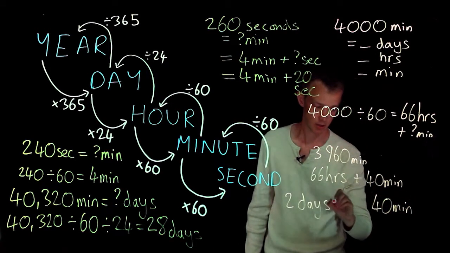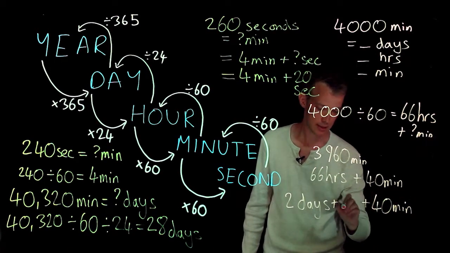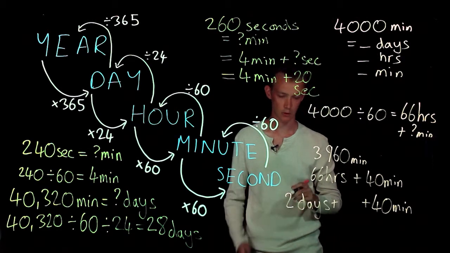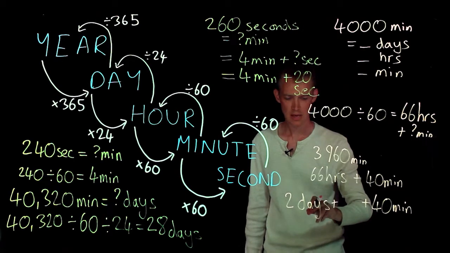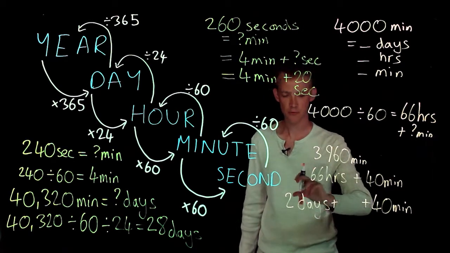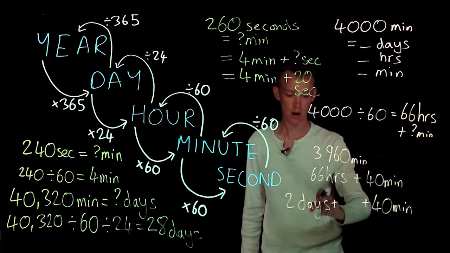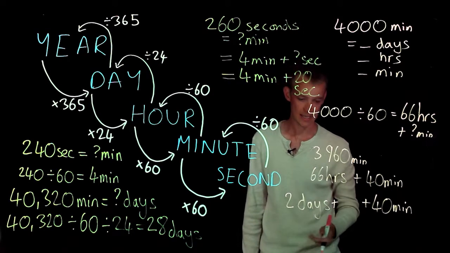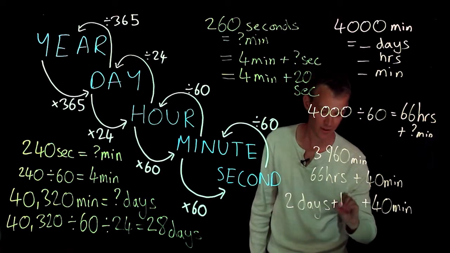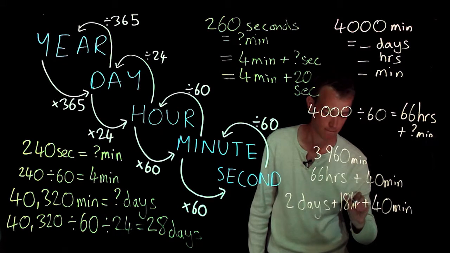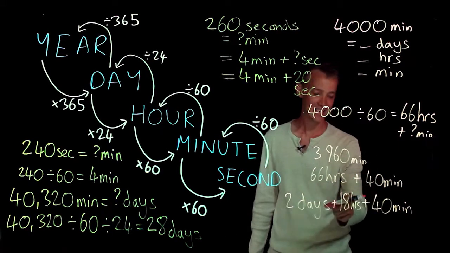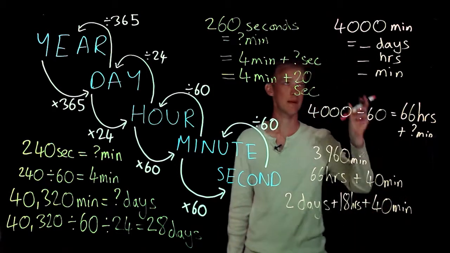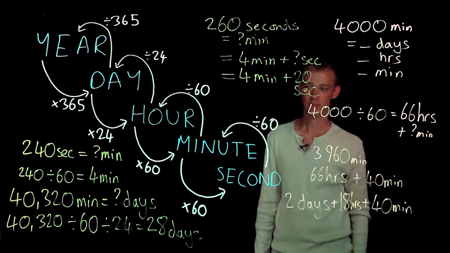And I'm looking at also some number of hours in the middle. So I know that 2 days is 48 hours. That must mean then, to get from 48 up to 66, I'm going to be adding on 18. So that means I've got a remainder of 18 hours there. Okay, so my final answer for this question, 2 days, 18 hours, 40 minutes is the same as 4,000 minutes.